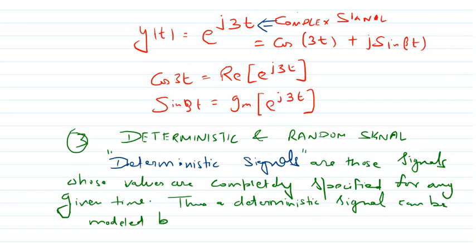We can give an example of a deterministic signal, like y(t) equals 5t.